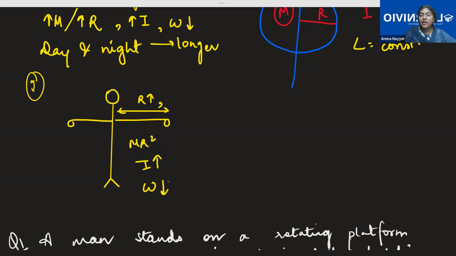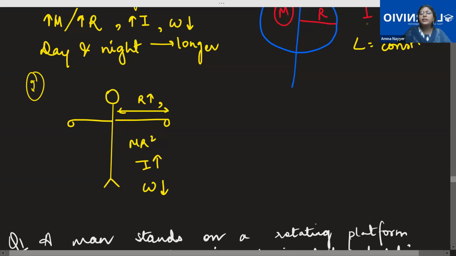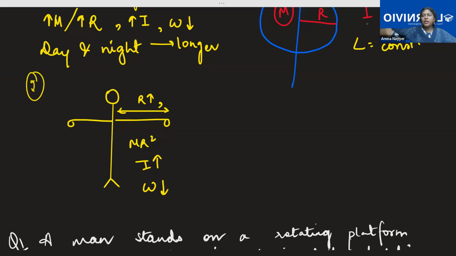Now when they have to spin fast to dance, what do they do? Whenever they have to, they immediately bring their arms closer to their body. With arms spread out, they are spinning with less velocity. So while they are turning, they put their arms closer to their body. This decreases the radius.